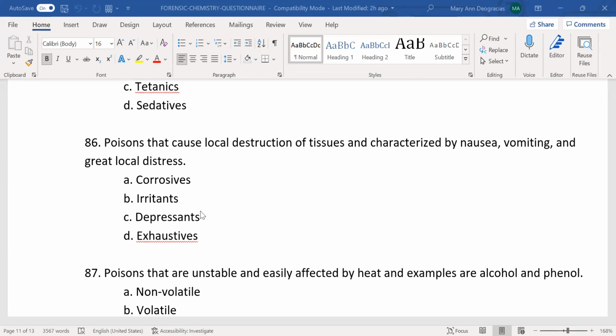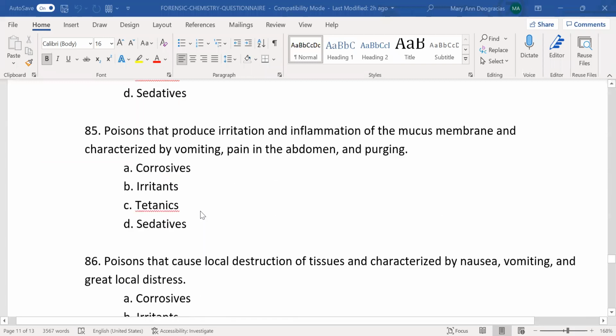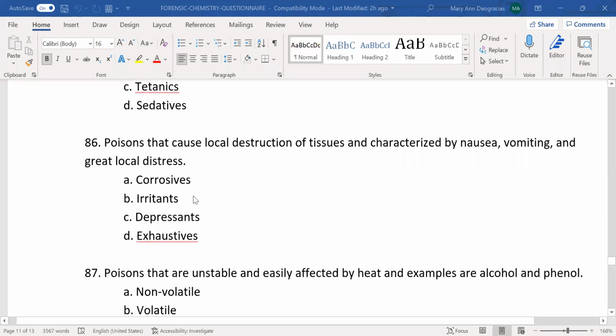So, that's a corrosive, kasi liquid sosa yan. 85 is irritants, B. Tapos 86 is A, corrosives. Nasunog talaga yung bunganga niya hanggang sa loob. Ayaw tanggapin ng mga private hospitals dito. Naka 1 week sa hospital, then after that namatay din, kasi nga sunog yung kanyang bituka.